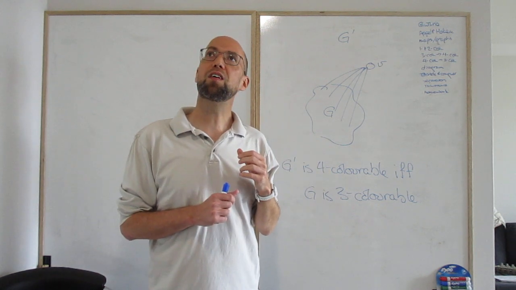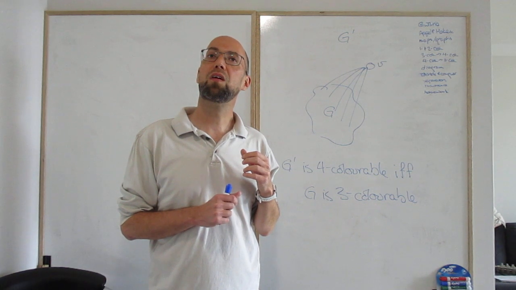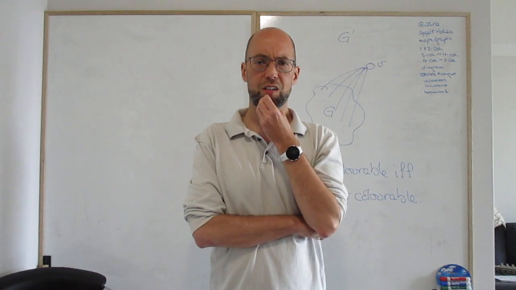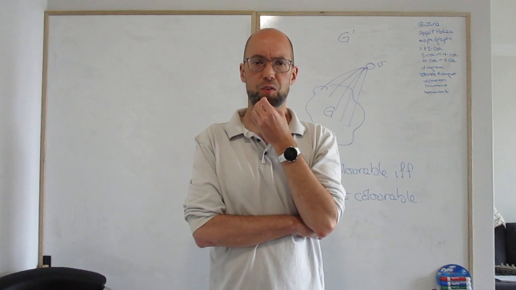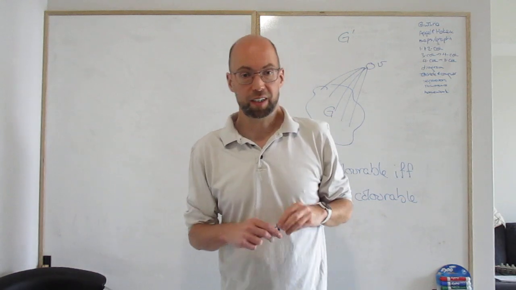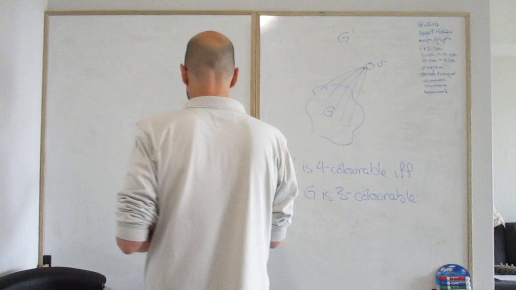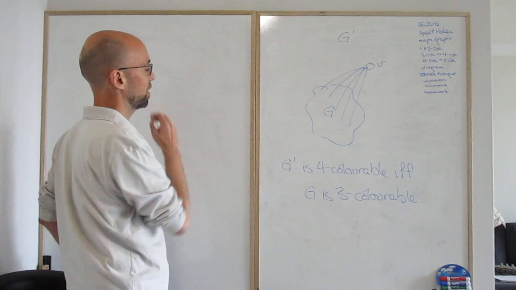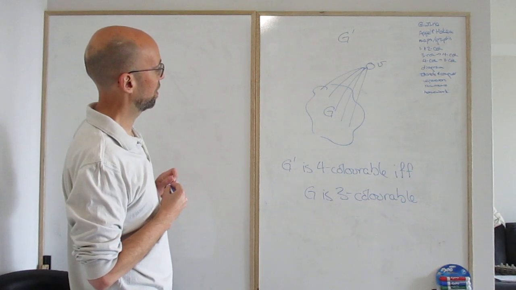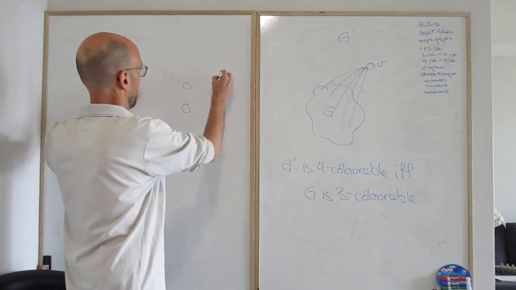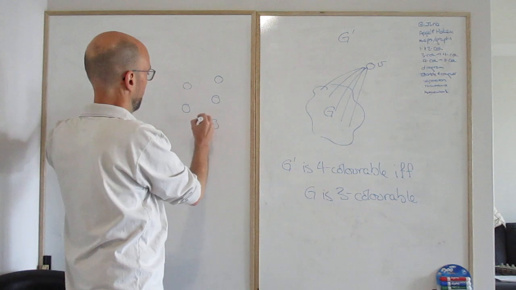Is a K33 three-colorable? Yeah, I think a K33 is bipartite, so it's two-colorable. So if I give you a K23, right?